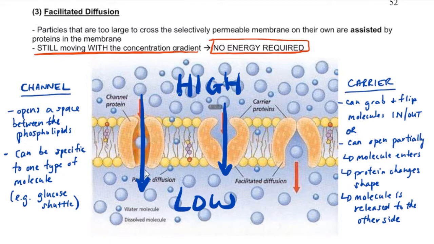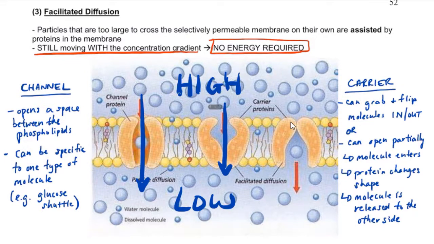So it would attract positive molecules to come through, but it would repel the negative ones. So you still have to be the right size, shape, polarity, all that kind of stuff. That still has to all be met as your criteria. But if the channel is designed for you, you as the particle are able to pass through from where there's lots of you to where there's less of you. No energy required.